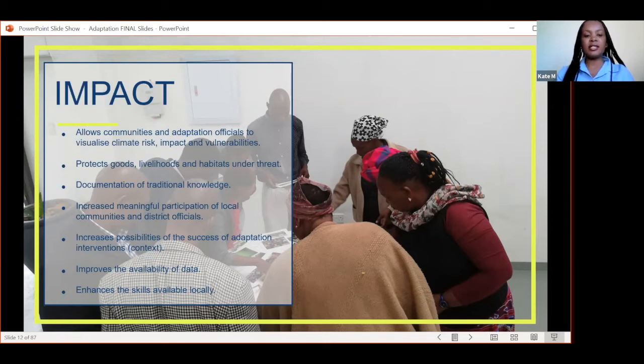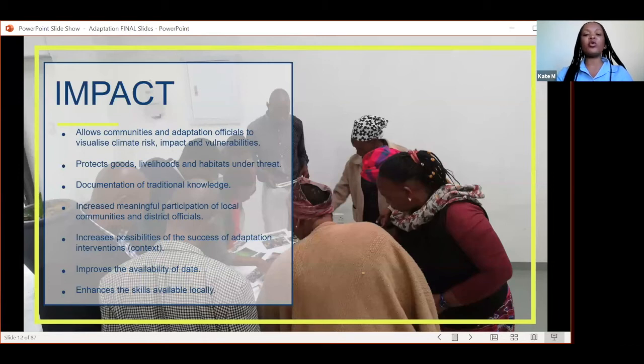And when interventions are targeted, then it means livelihoods and habitats can be better protected. The tool is going to be also very instrumental in documenting traditional or indigenous knowledge, which can then be passed from generation to generation. This tool is going to increase meaningful participation and engagement of local communities and district officials.